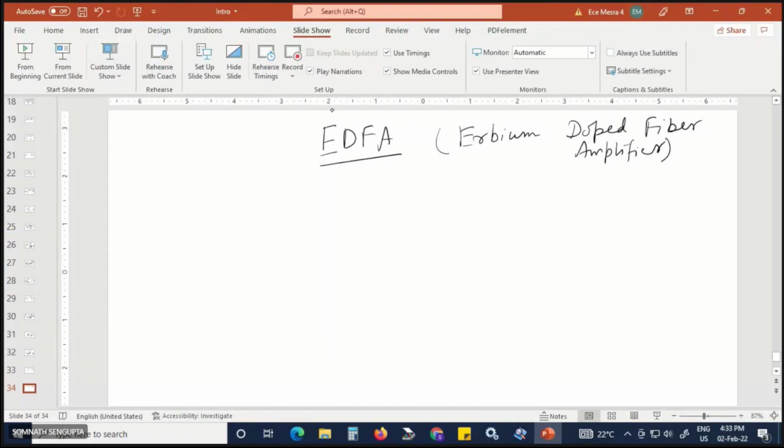So generally we use a repeater to restore the signal. But if you use a repeater, then you have to involve electronics, and electronics have some limitations. So to avoid electronics, this type of fiber amplifier or semiconductor optical amplifier is used, so that during the propagation of light through the optical fiber, the light will be automatically amplified.